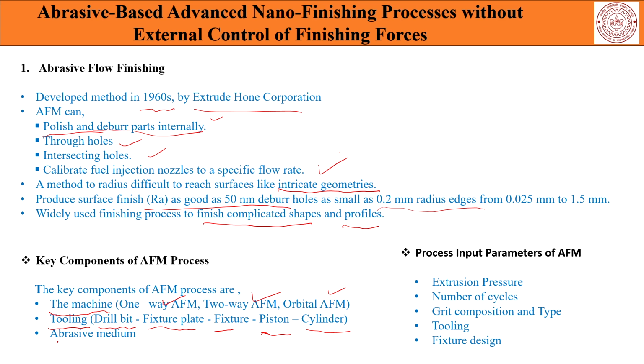Then of course, you have another component, the abrasive medium, which is also very important, because this is what does the job of removal. The abrasive has to be pressurized very close to a surface through a medium which is otherwise quite viscous.